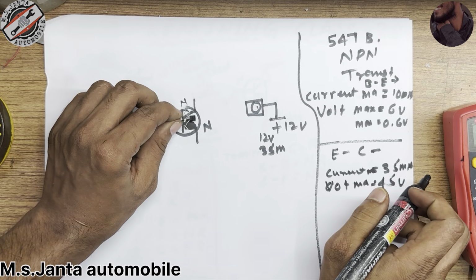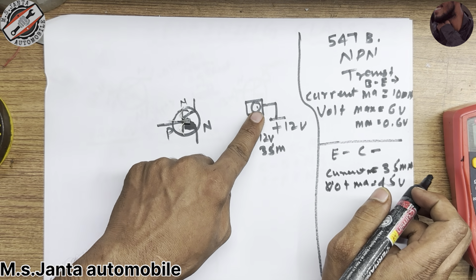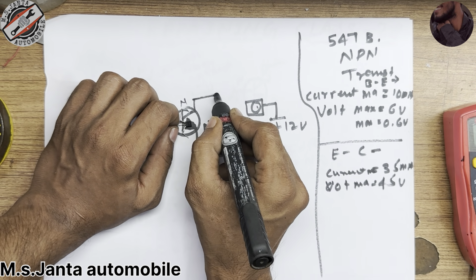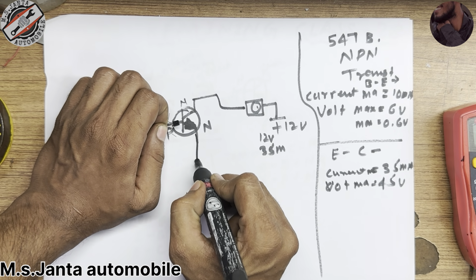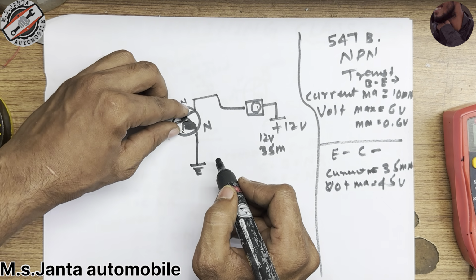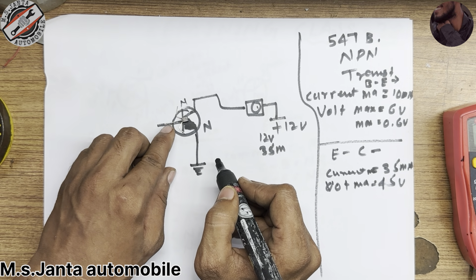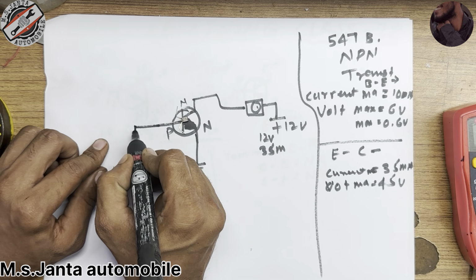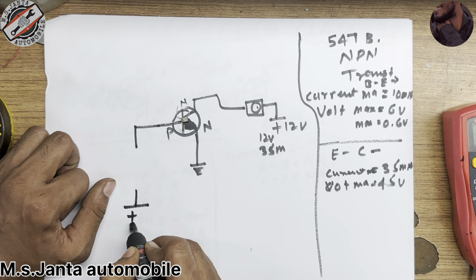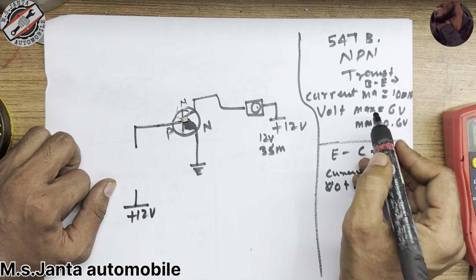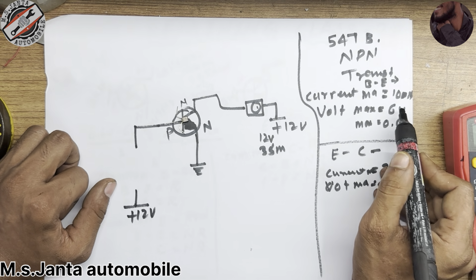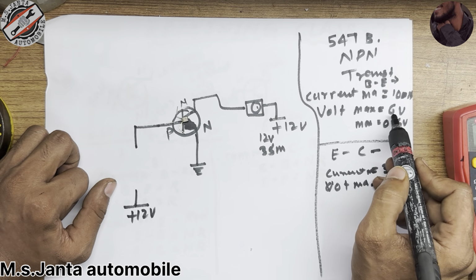So we have this LED, and we have connected 12 voltage here, and the negative side I have connected here, and this is the ground. So how do we turn on the base? We have to do the calculation, because we have 12 voltage here, but we need minimum 0.6 volt and maximum 6 volt.